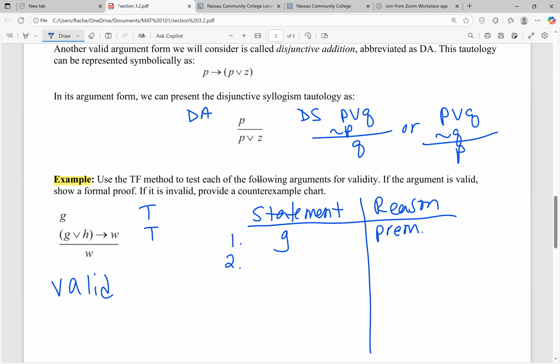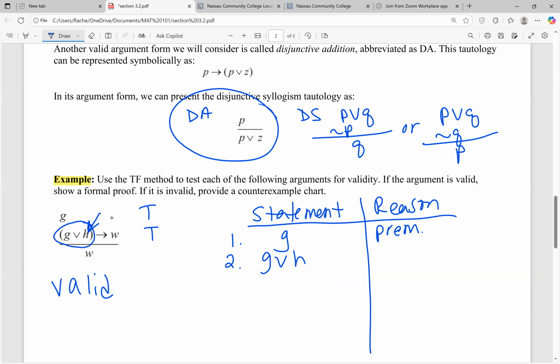What I mean by that is, you see how my first statement is G, but the only other premise that I have is G or H implies W. Those two premises together don't look like any of the valid argument forms that we've been using. But look what I can do. I can form G or H, because if G is true, that's a premise, then G or anything, but I want to use H because that's part of my premise, is also going to be true.